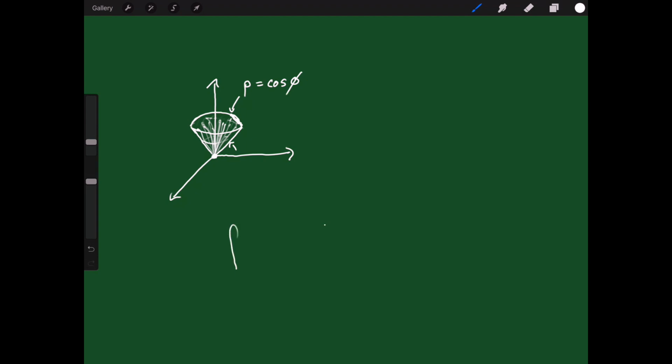So the inner integral goes from 0 to cosine of phi, and what's inside is just 1 times that conversion factor of rho squared sine phi. That's the only thing inside my integral to compute volume, and this is d rho.